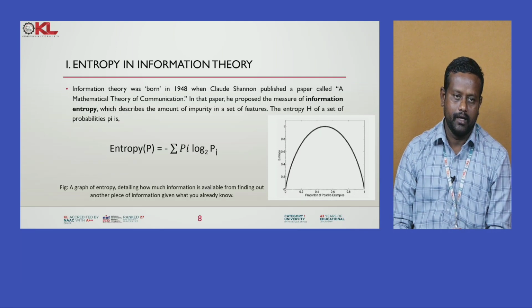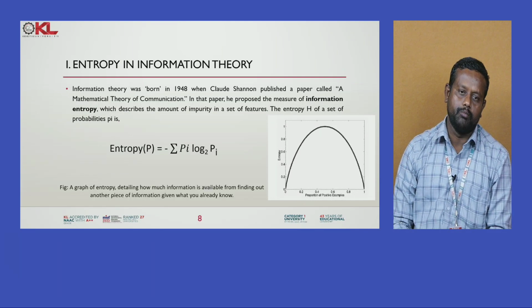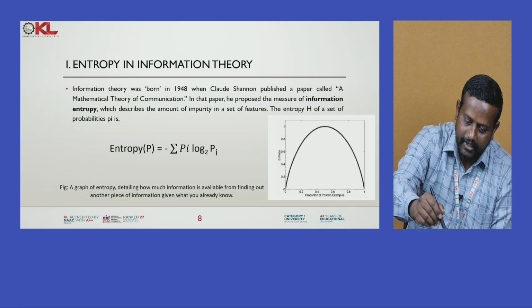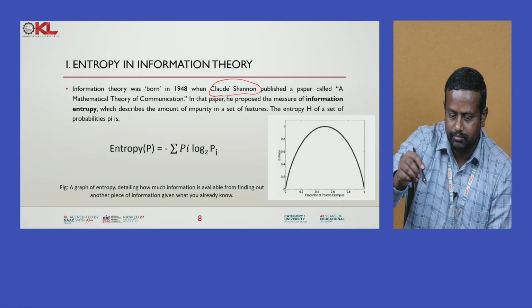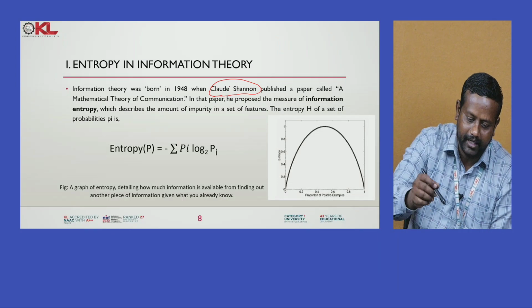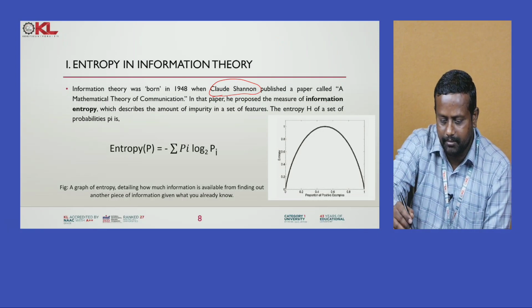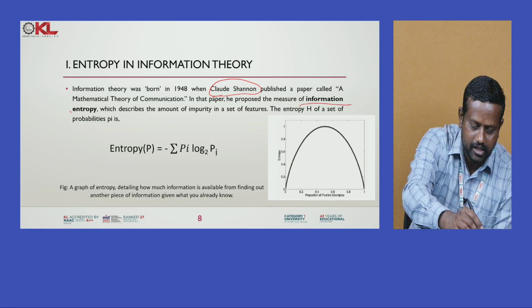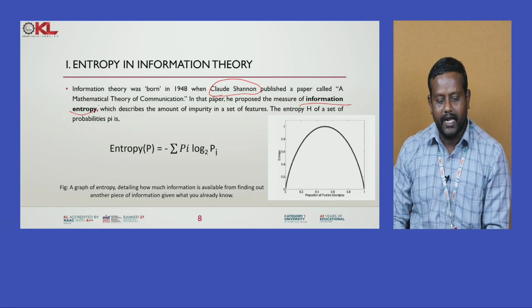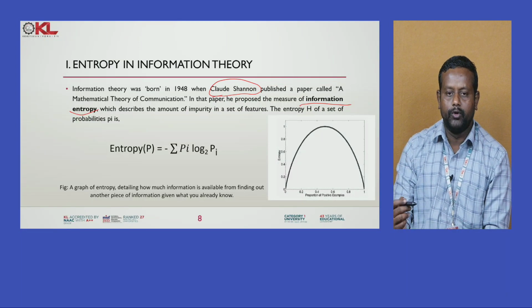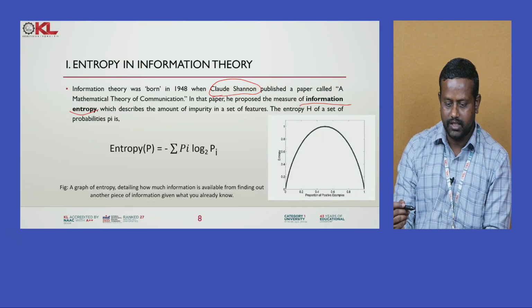Information theory was born in 1948 when Claude Shannon published a paper, A Mathematical Theory of Communication. In that paper, he proposed the measure of information entropy, which describes the amount of impurity in a set of features.